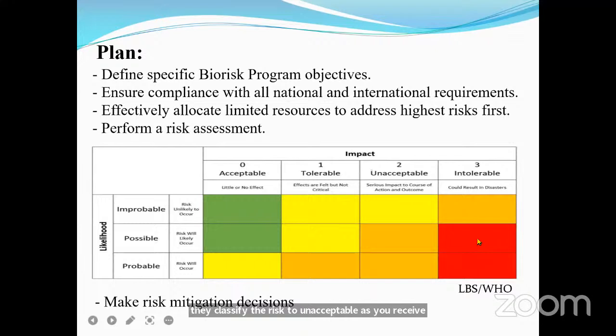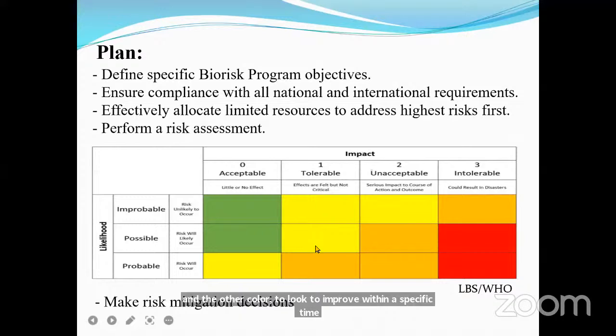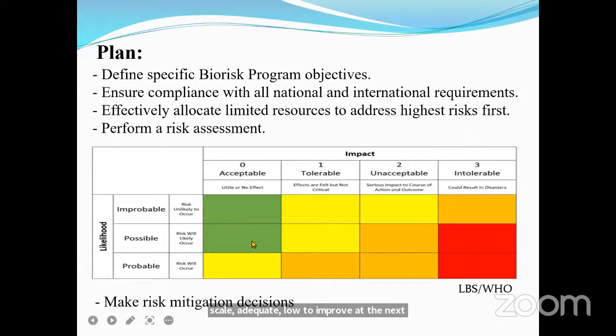Stop at that level: we have to stop the activity and make immediate improvement. Tolerable, the other color, look to improve within a specific time scale. Adequate, look to improve at next review, and lastly acceptable. In this, no further action is needed, but ensure controls are maintained.